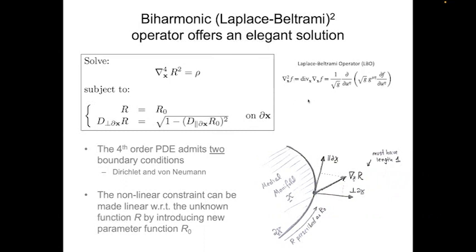The second is the von Neumann boundary condition, that the derivative of your function in the normal direction to this edge is also given by something. So typically you would have some function f1 here and some function f2 over here, and then it's a well-posed equation.